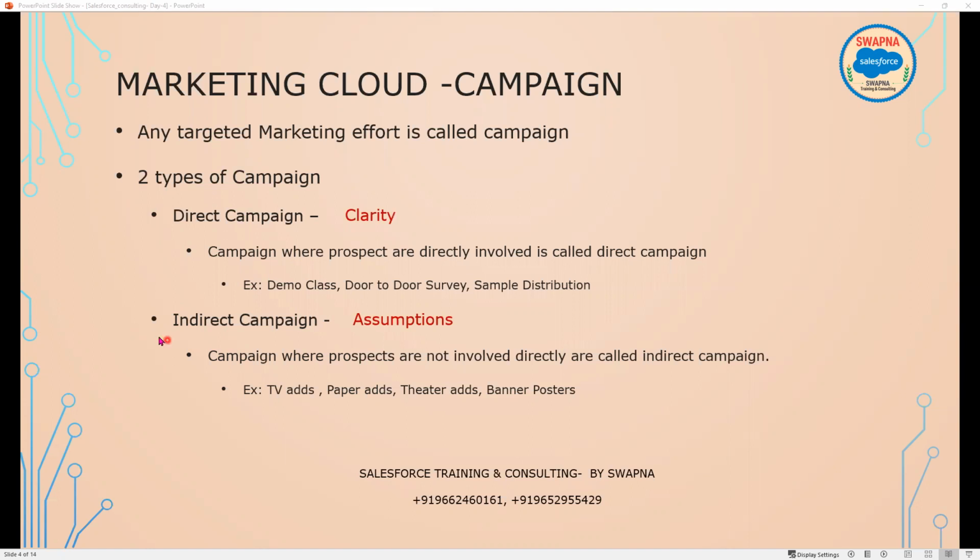So in other words, indirect campaigns are mostly electronic, right? Either I'm doing the banner, TV advertisement, paper advertisement, or theater advertisement. These are all connected indirectly to the prospects.